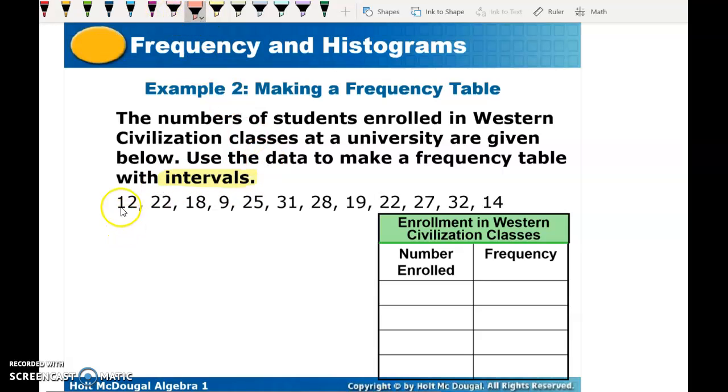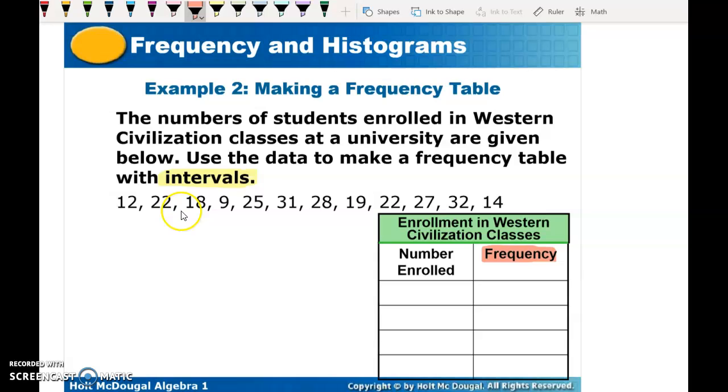Notice if you look at all of these numbers, none of them are the same. So if we were just to try and graph them, we would just have a different point for each number. But that's not what we want with a frequency table or with a histogram or a dot plot. So what we're going to do is we're going to group these numbers together.